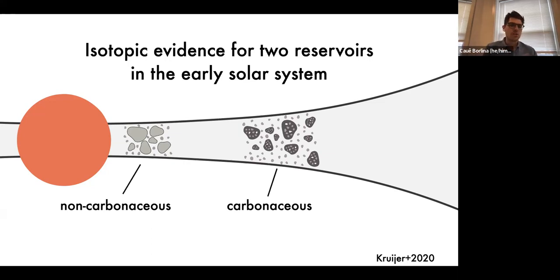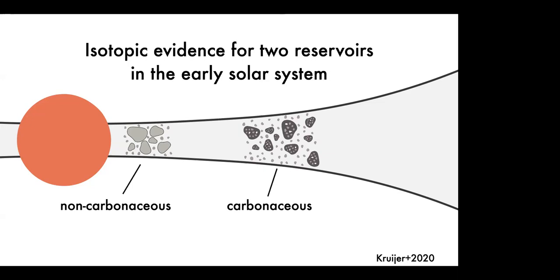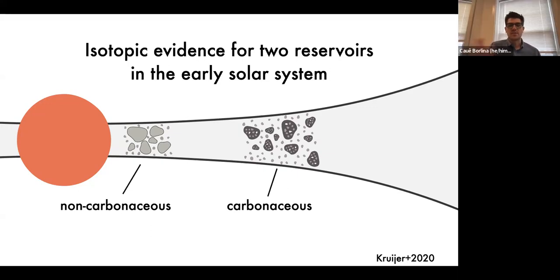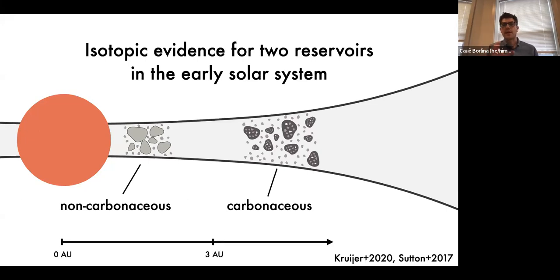One is called the non-carbonaceous, and the other one is called the carbonaceous one. It doesn't matter the meteorite and the component you measure, you're usually going to fall into one of those two reservoirs. How those reservoirs were formed, how they were kept apart is not quite clear, but there's good reason to believe that they formed within 7 AU in the early solar system.